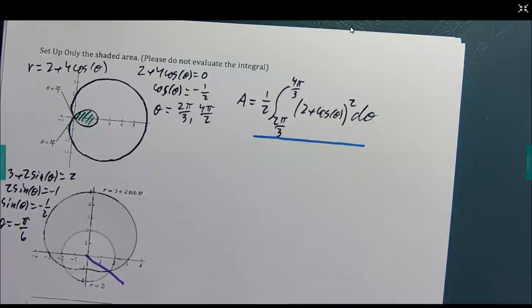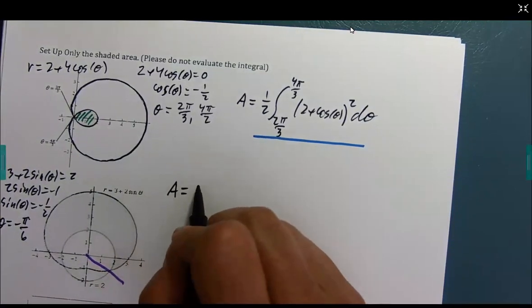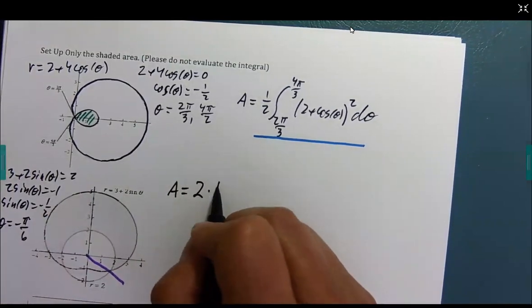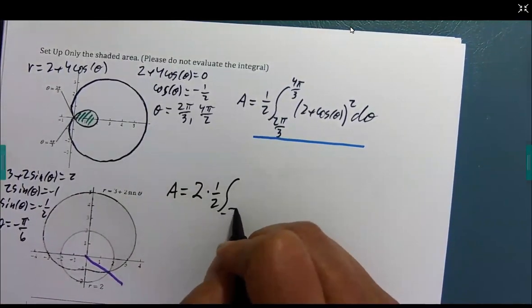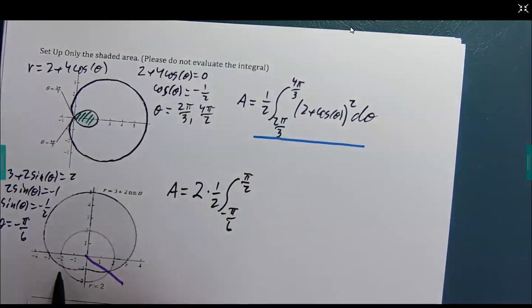So our overall area is going to be 2 times, because I'm going to just go to pi over 2 here, 1/2 the integral from negative pi over 6 to pi over 2 now. So I don't need to know this one here.